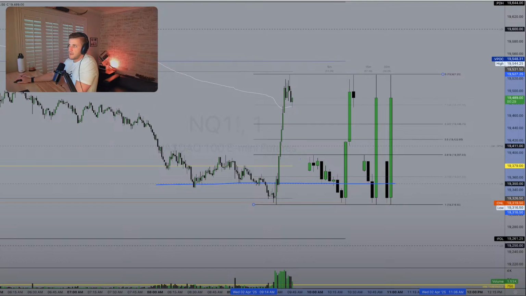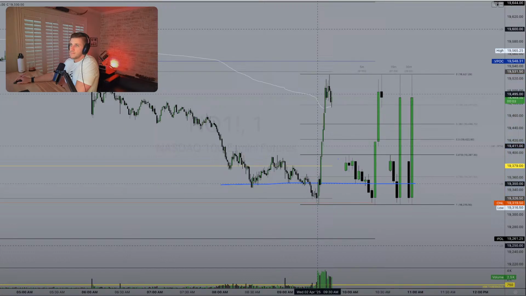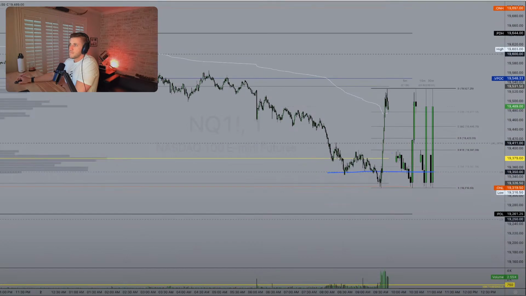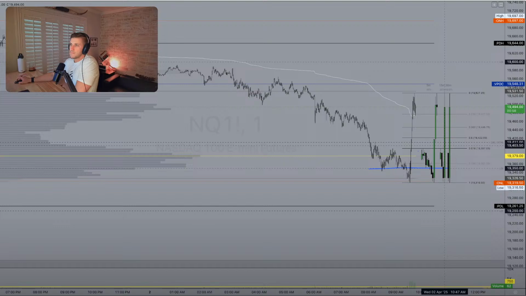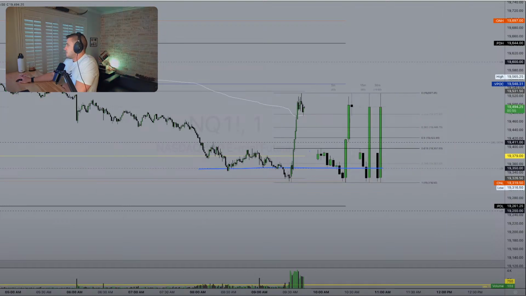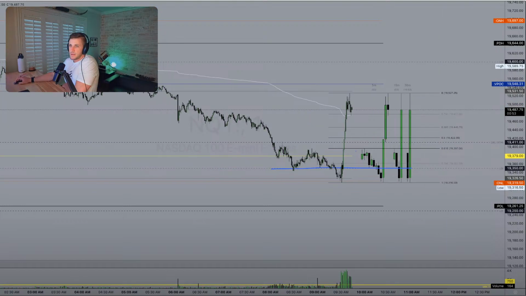NQ back into VWAP and that shallow fib right there. Friday volume point of control, the upside reference point.